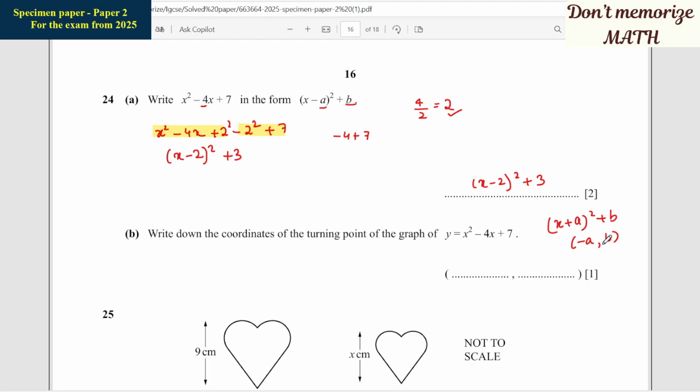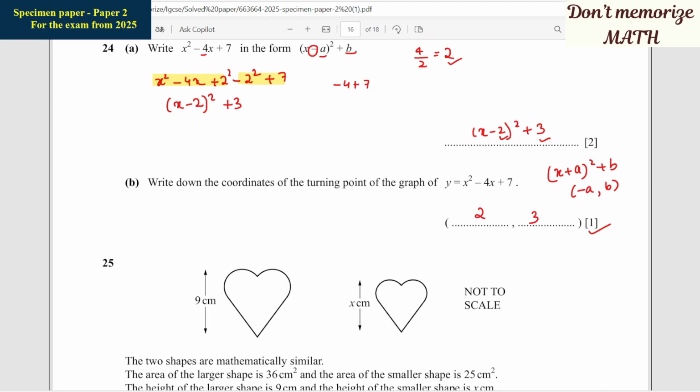Okay, minus a comma b. If you already have the completed square form, that's why it is only 1 mark. So here we have the completed square form with a minus. Okay, so no need to take the minus, just take a comma b. So what is the a value? A is 2, b is 3. So 2 comma 3. Okay, so I hope question number 24 is clear for you.